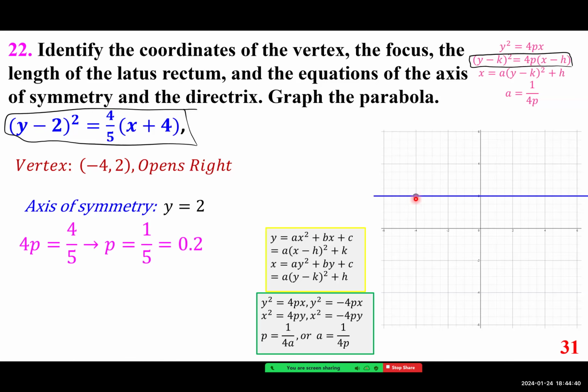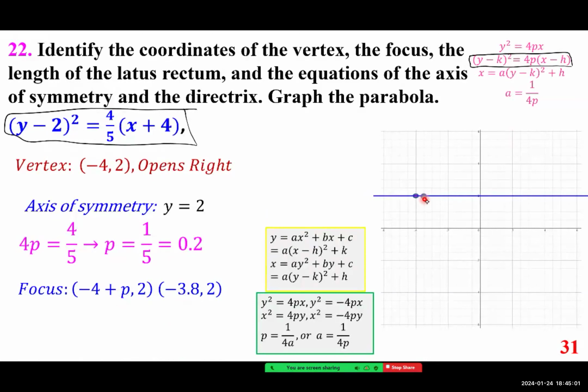It means from the vertex, I go p units to the right, which gives me the focal distance. So we are going to add the p. -4 plus p makes it -3.8. So that's this point.